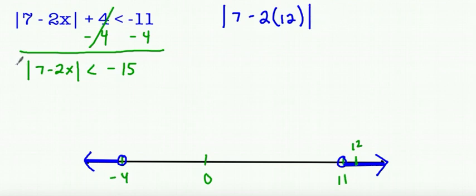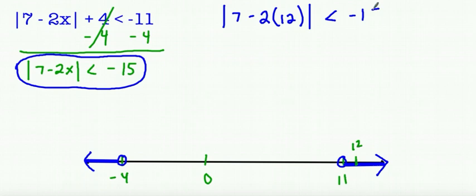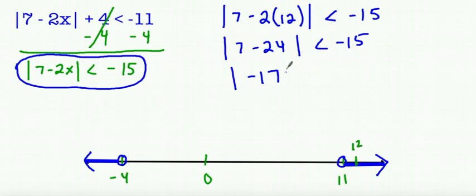I'll use this one because it's a little bit easier and it's the same thing. So here I have the absolute value of 7 minus 24 is less than negative 15. And 7 minus 24 is actually negative 17.